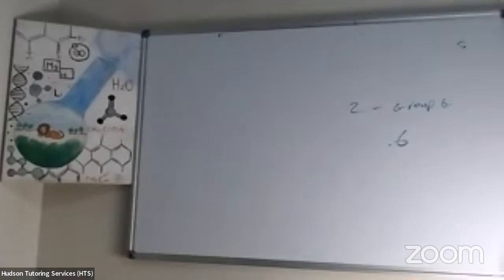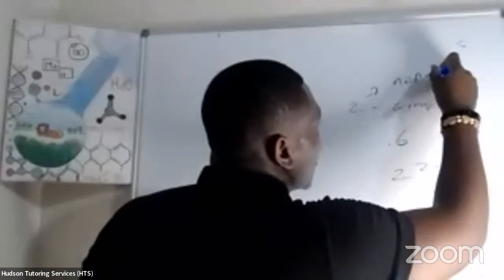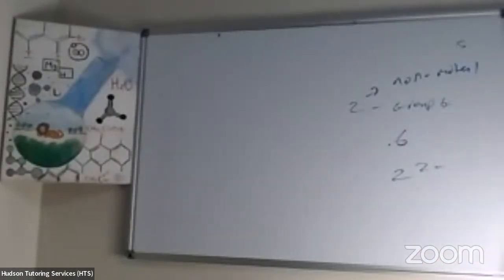Element Z being in group 6 means that Z will actually gain 2 electrons. So the charge on Z will be Z2-. It also means that because Z is to the right of the periodic table, Z is a non-metal. Now it asks what compound would be formed when it reacts with sodium.